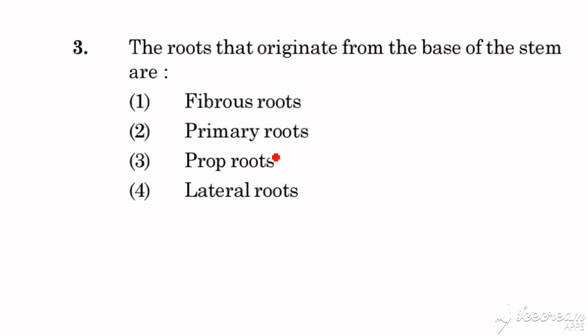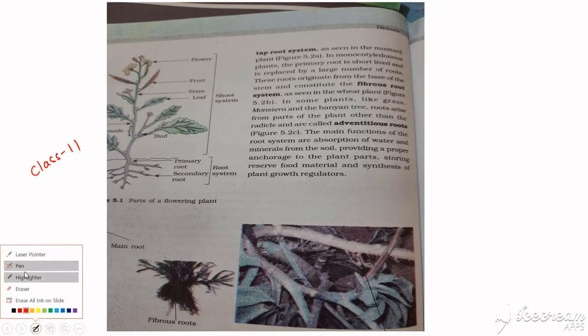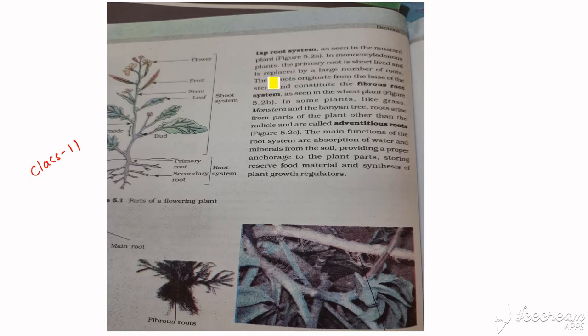Next, the roots that originate from the base of the stem are, whether it's fibrous roots, primary roots, prop roots or lateral roots. Again, coming to your textbook, this is from your class 11th biology. Okay, so as you can see here, a direct statement is given.